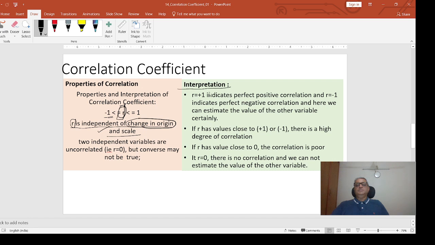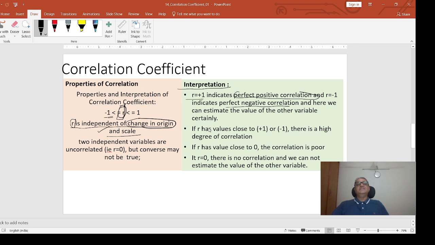How do we interpret? If R is equal to +1, then it indicates that it is a perfect positive correlation. And if R is -1, then it indicates a perfect negative correlation. When we say positive correlation, if X increases, Y also increases, and if R is equal to +1, it's a perfect positive correlation. If R is equal to -1, then it's a perfect negative correlation.